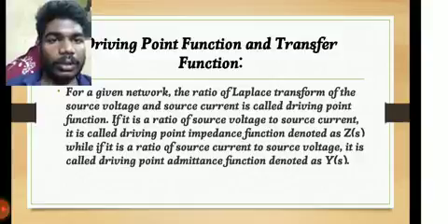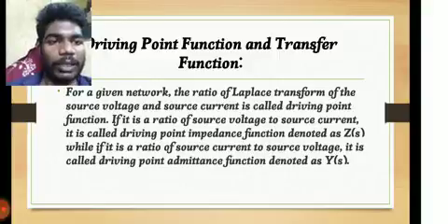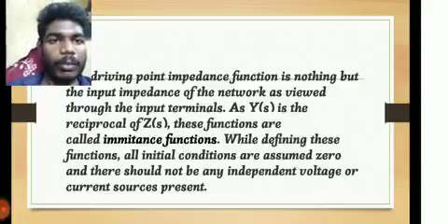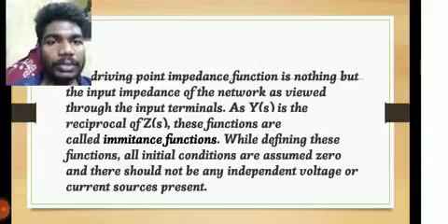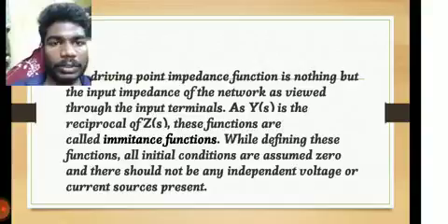It is called the driving point impedance function, denoted as Z of S, while if it is the ratio of source current to the source voltage, it is called the driving point admittance function, denoted by Y. Y is the reciprocal of Z. These functions are called immittance functions. While defining these functions, all initial conditions are assumed to be 0, and there should not be any independent voltage or current source present.